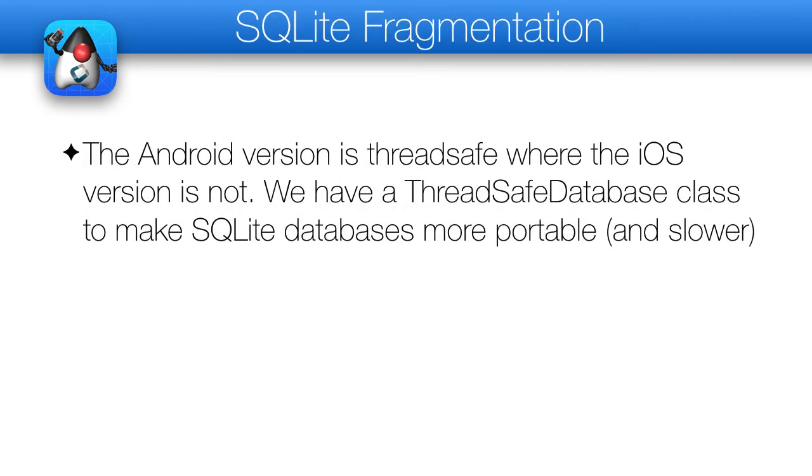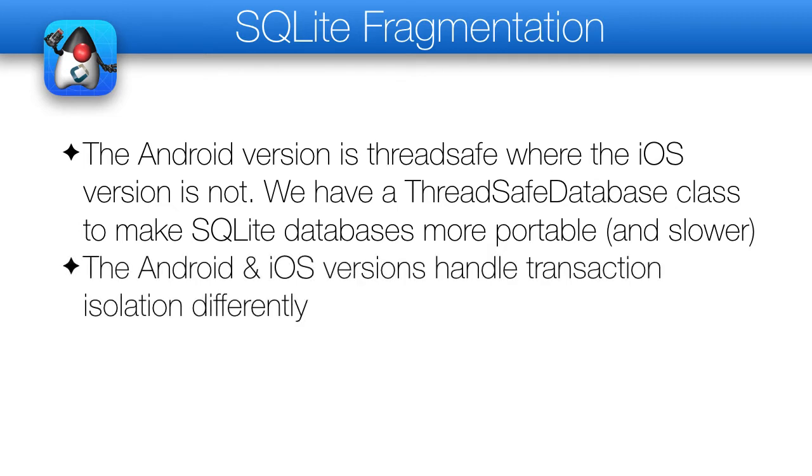I mentioned fragmentation, and the biggest one is probably thread safety. SQLite isn't thread safe on iOS, but it is on Android. That means that if you don't close a cursor and the GC closes it for you, this might trigger a thread issue and a crash.